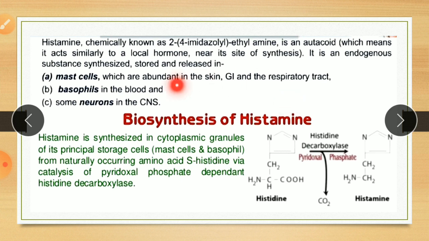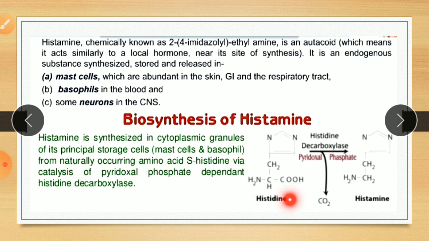Then the biosynthesis of histamine. Histamine is synthesized in the cytoplasmic granules of its principal storage cells, that is mast cells and basophils, from naturally occurring L-histidine, which is an amino acid, via catalysis by the pyridoxal phosphate dependent enzyme histidine decarboxylase.